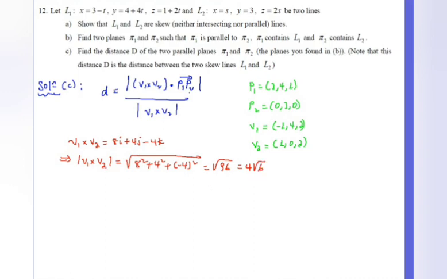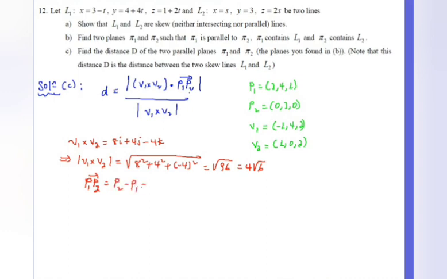The magnitude of V1 cross V2 is the radical of 8 squared plus 4 squared plus (negative 4) squared, which is radical 96. This is 4 radical 6. Again, P1P2 means P2 minus P1.